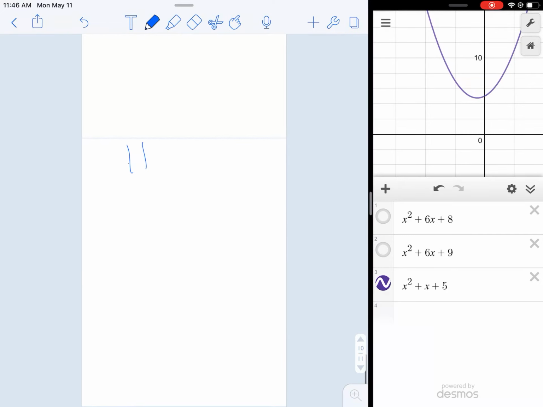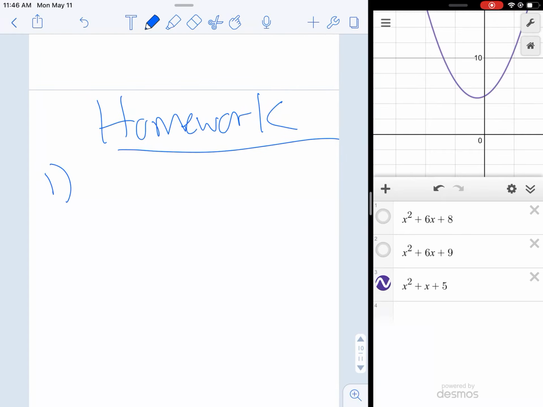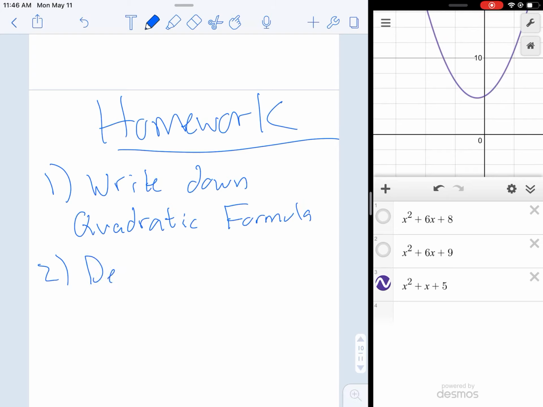So homework. So first is write down the quadratic formula. Describe what it does.